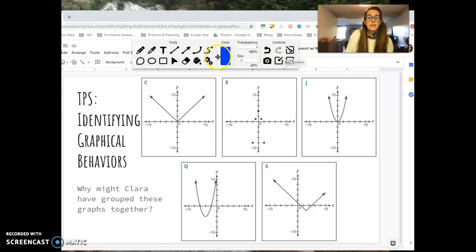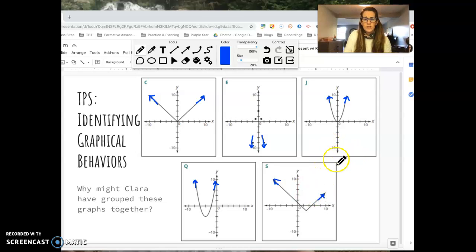Here, these graphs are grouped together because they all have symmetrical end behavior. If you check out the directions at the end, I know this one is discrete, but if you think about if there were arrows, they've all got this symmetrical end behavior.